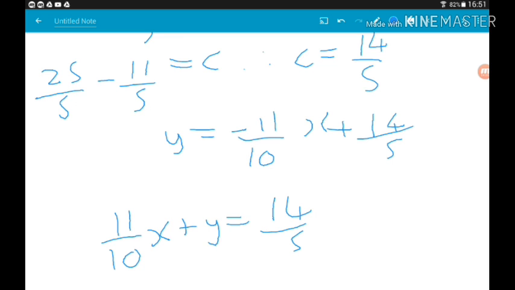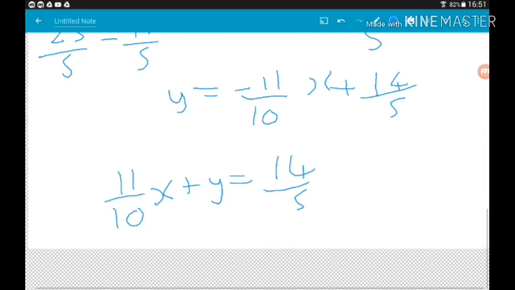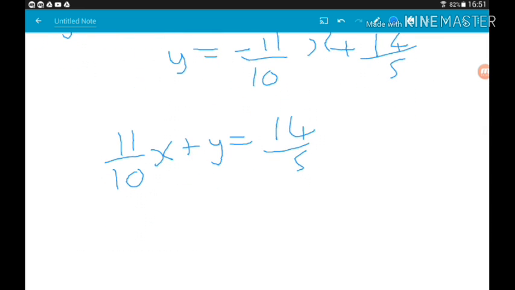We don't want fractions, so we want everything to be integer. So I'm now going to multiply through by 10. I'm going to get 11x plus 10y is equal to 140 over 5, which simplifies to 28. So there's the equation of the line in the form that we want it.